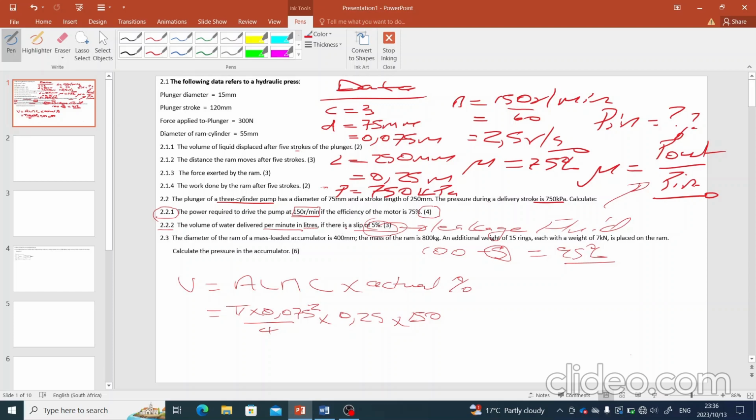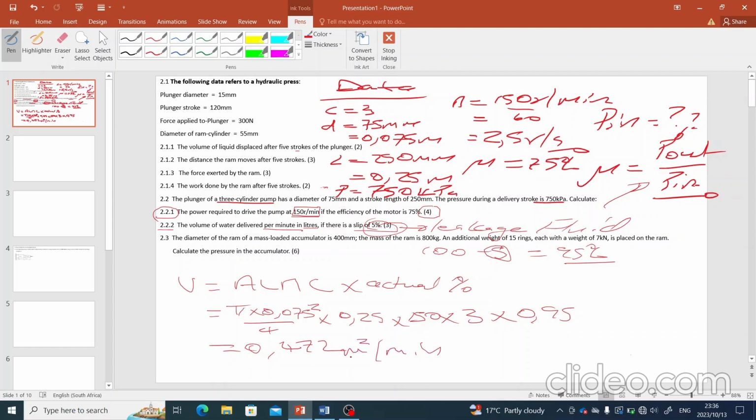Anyway, they want us to calculate. After calculating the volume, they want us to convert it to liters. Okay. Now it will be multiplied by what? By 3. Then multiply by 95%, which is 0.95. Then I got my answer as 0.472 m cube per minute.